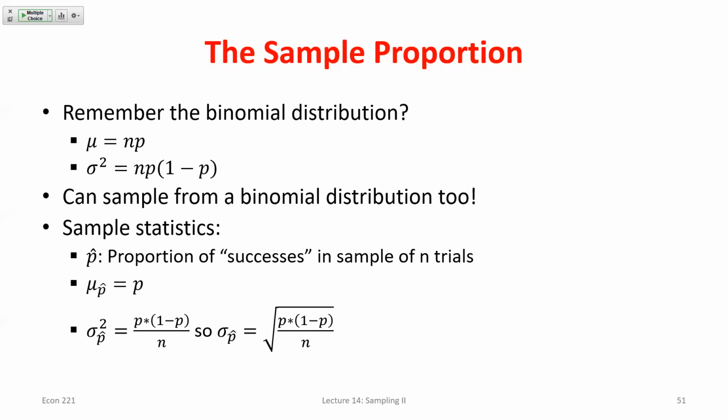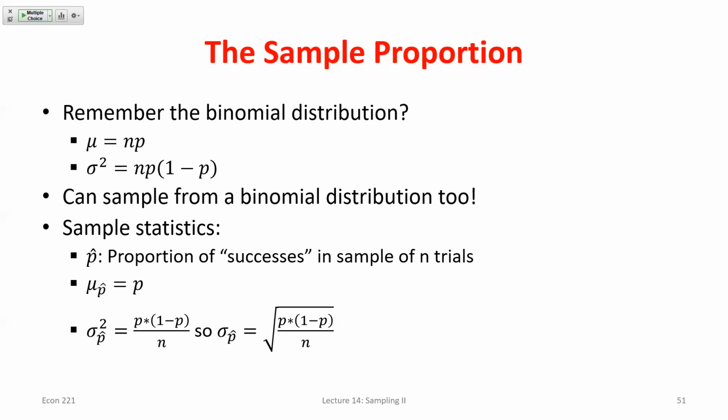As I take greater and greater sample sizes, I'm driving that variance down to 0. If I only take samples of size 1, I might select a mother that smokes while pregnant, and I'd have a sample proportion of 1. If I start taking samples of size 100, I'm not going to see 100 out of 100 mothers smoke while pregnant as my sample proportion. So it's a similar idea as what we were doing with our sample mean.